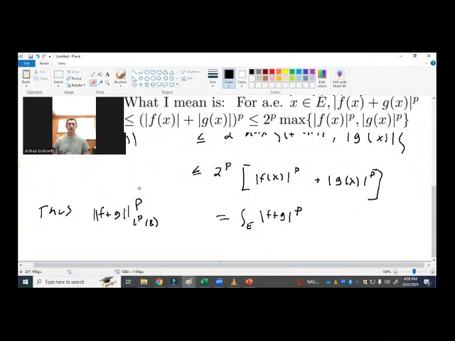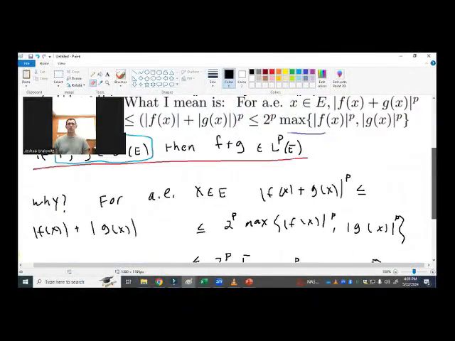Normally it's going to be this without raising it to the p, so raising both sides to the p gets rid of this 1 over p.